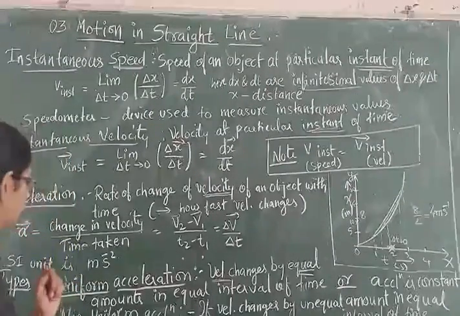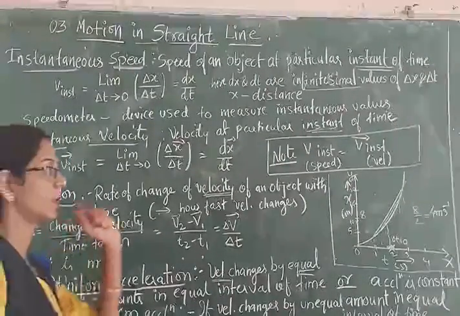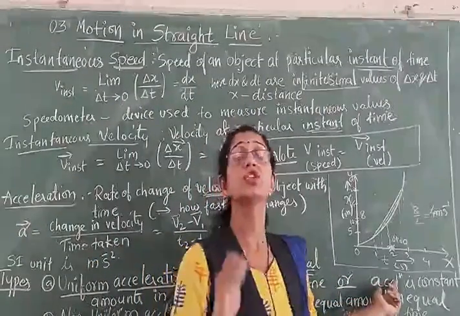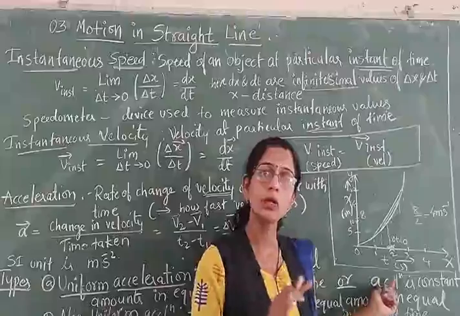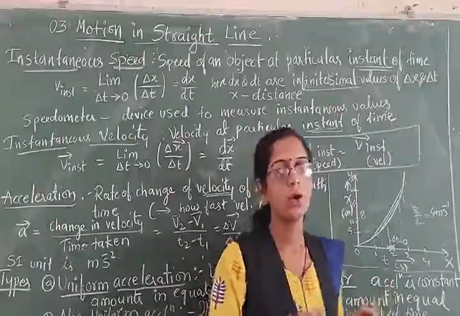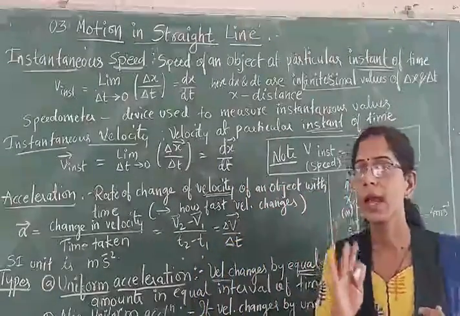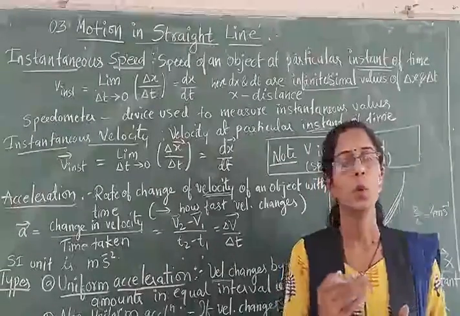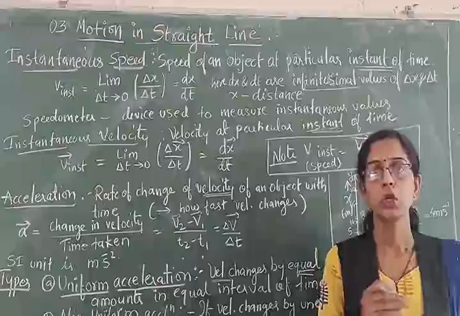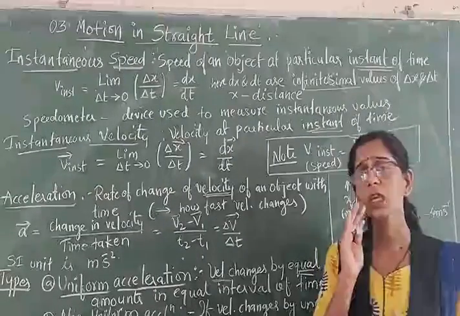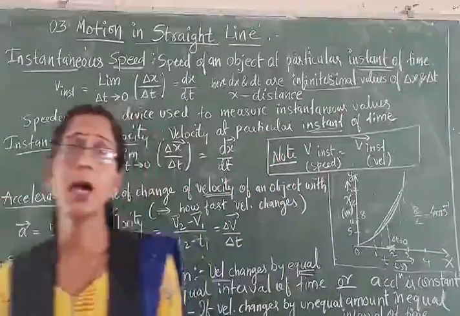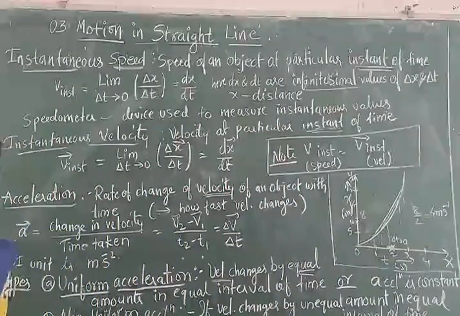You can define it in this manner, or the other way: if the object's acceleration remains constant throughout the motion, then we can define that acceleration to be uniform acceleration. Either way you can define the term uniform acceleration.